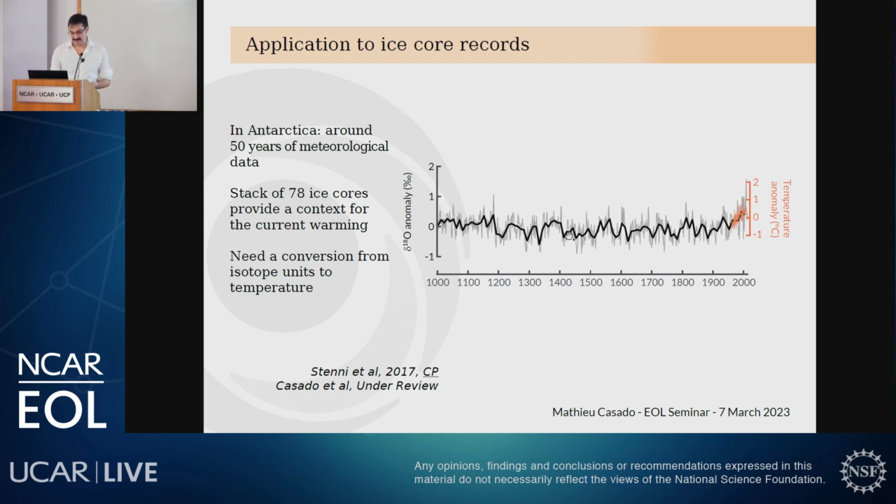But ice core records give you a very strong context. Here I stacked 78 ice cores and have this 1,000-year context for the current warming. And again, it looks like there is a significant warming for the last part of the curve. So this requires putting a bit more statistics into it.